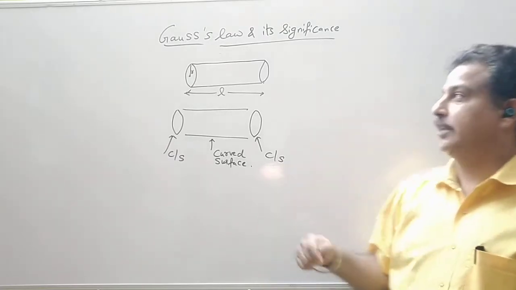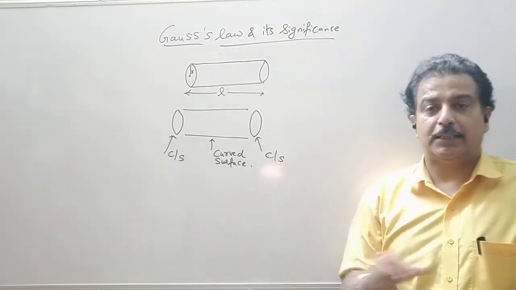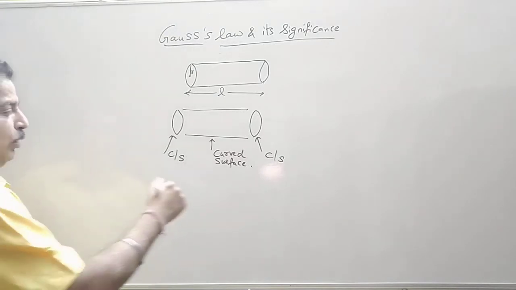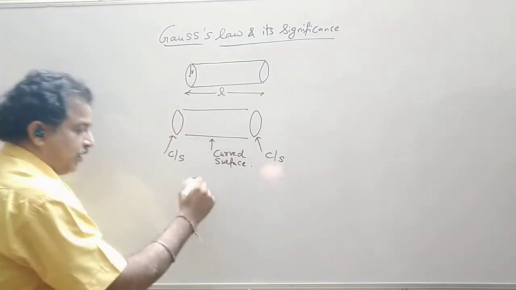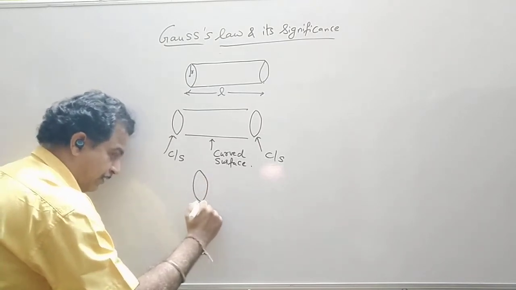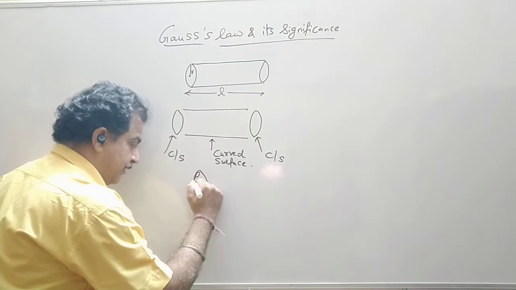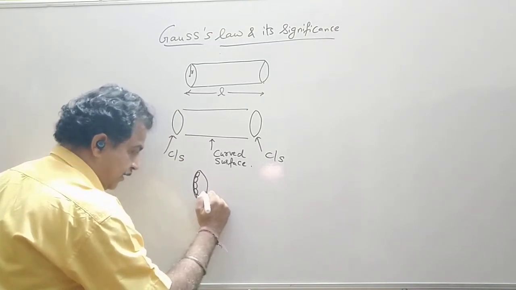And we have also seen when we have to apply the Gauss law, the entire surface has to be divided into small elements. Now how are the small elements or Gaussian elements made? Suppose I take this cross section. For this cross section, the elements are drawn like this.